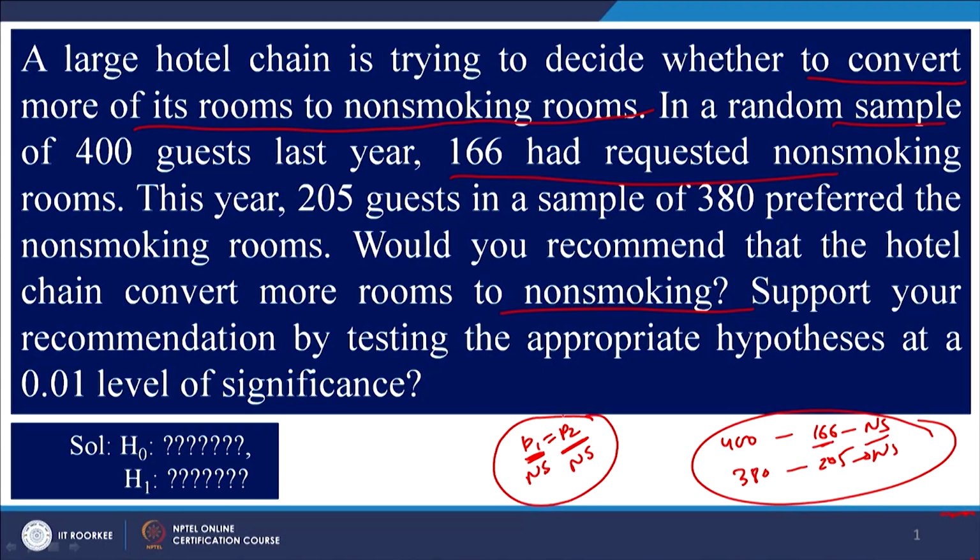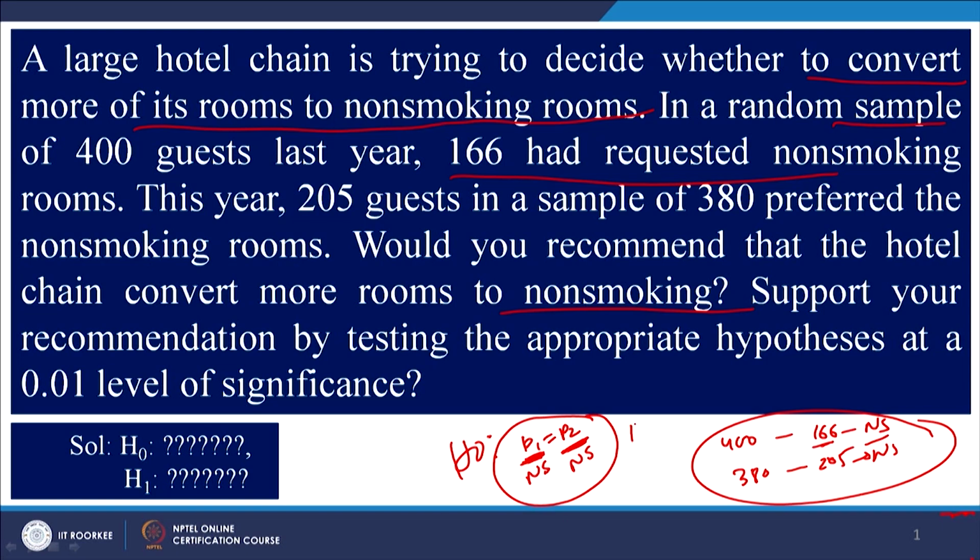Or in other words, if the number of smokers is reducing, then also the hotel should convert its smoking rooms to non-smoking rooms. So, let us say the null hypothesis is that the proportions of non-smokers are the same, there is no change in this proportion.